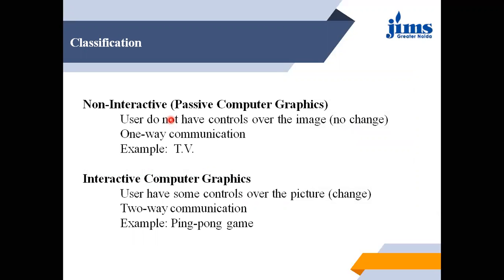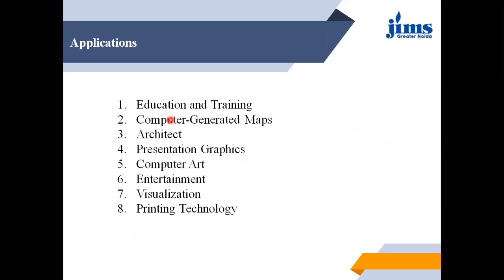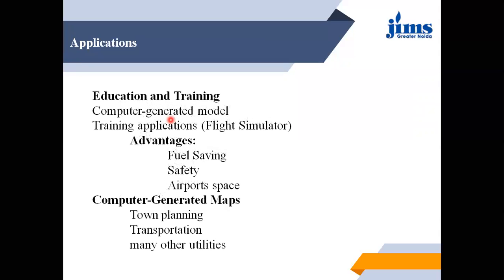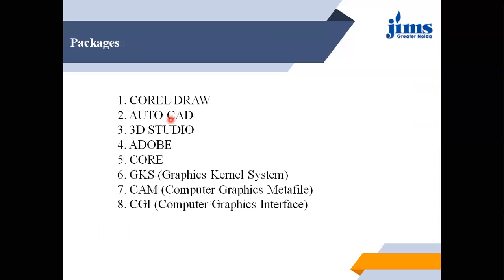Non-interactive is one-way communication. Interactive is two-way communication. Then the applications of computer graphics in education, computer generated maps, computer arts, entertainment, visualization. Then we discussed these applications in detail.